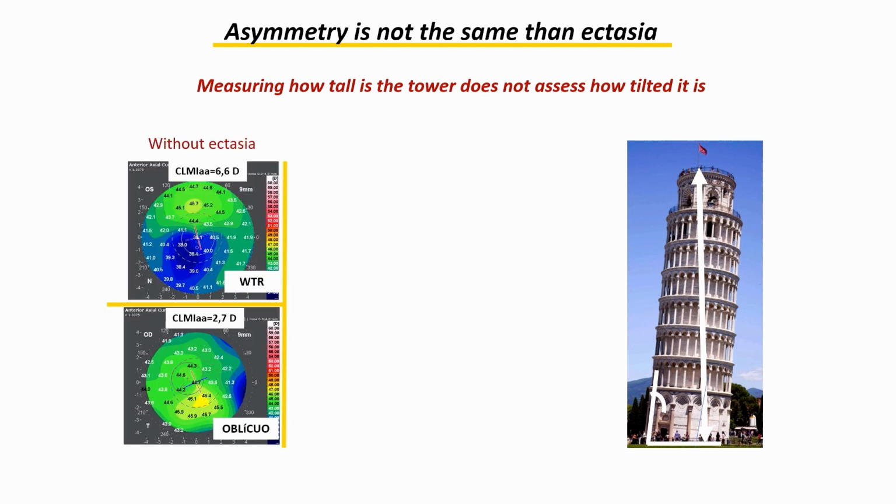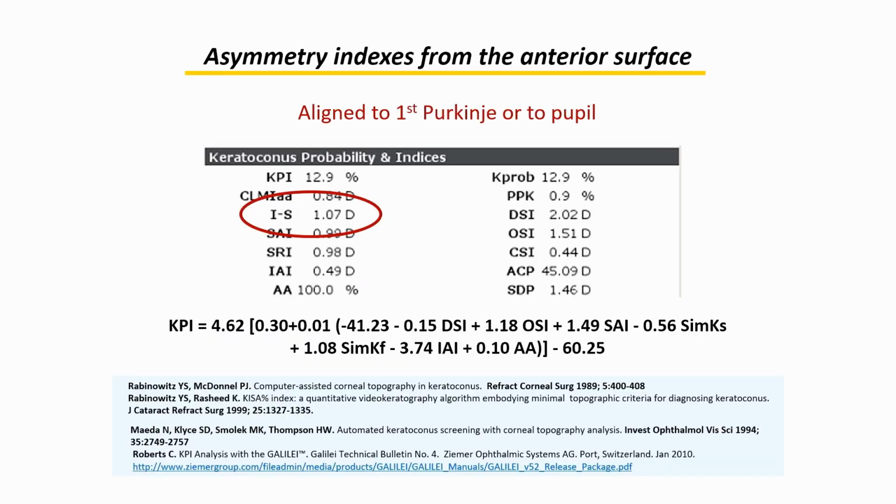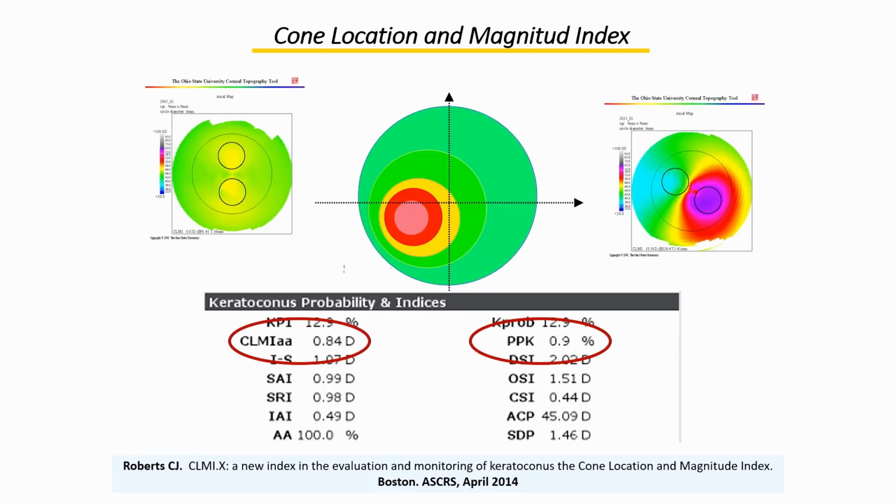So we may have asymmetric corneas without ectasia, with ablation in the anterior surface, or with ectasia. Okay, so ectasia or asymmetry can be measured with the Rabinovich index, or IS, or with the KPI, keratoconus prediction index, and keratoconus probability, or with the cone location and magnitude index, CLMI, from the anterior surface.